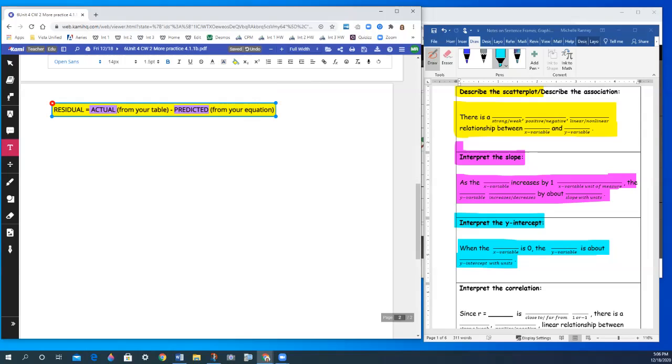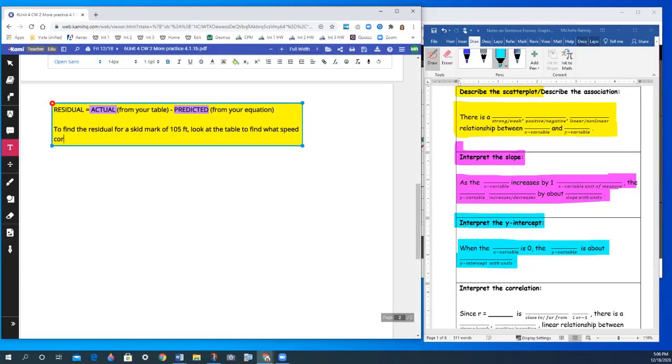So if I want to find the residual for a skid mark of 105 feet, what we're going to do is the following. We're going to look at the table to find what speed corresponded with 105 feet.